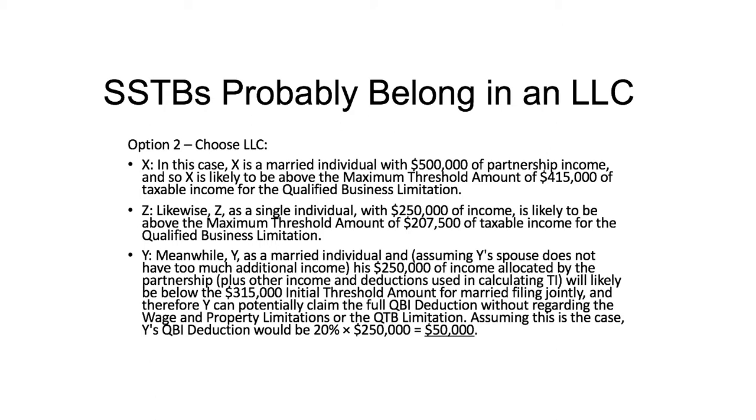I'm talking about the difference here: if it was an S corporation and Y had reasonable compensation of $100,000, only $150,000 would be qualified business income, and $150,000 times 20% would be $30,000. That $20,000 difference between the LLC and the S corporation, multiplied by the 30% tax rate, gives a $6,000 benefit. And that can go on for many years. Over 20 years, you're talking about $120,000.